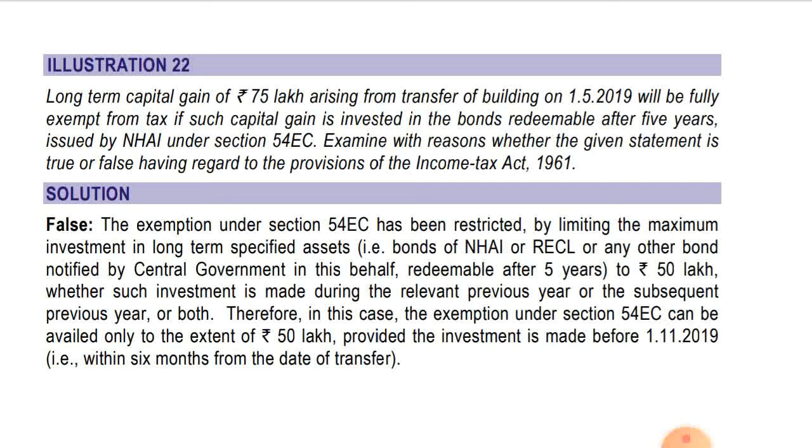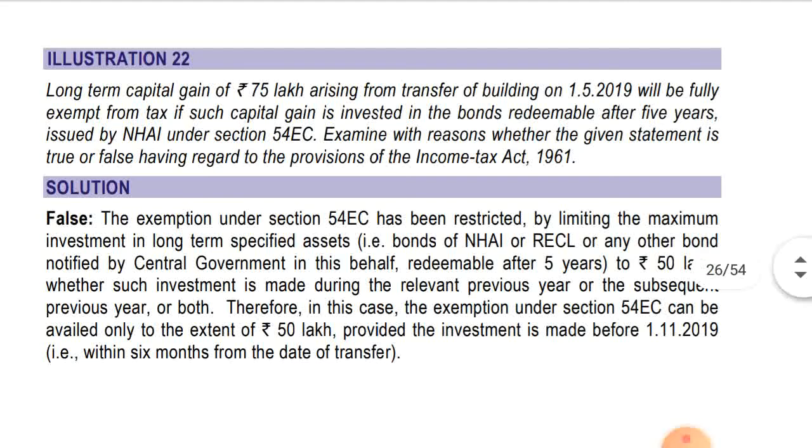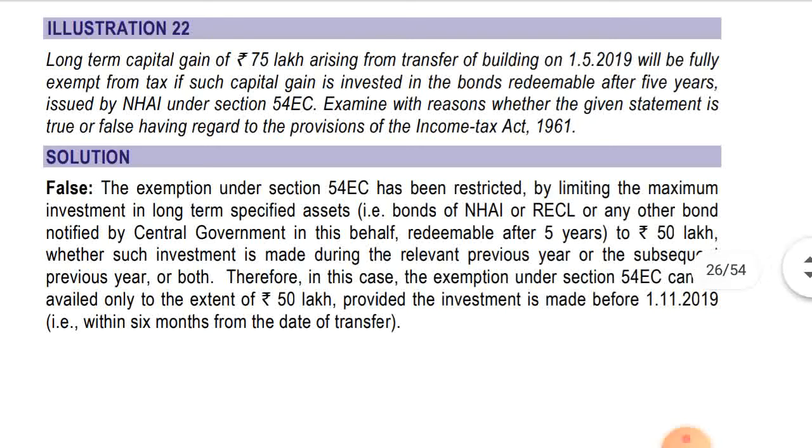Okay. Therefore, in this case, the exemption under section 54EC can be availed only to the extent of 50 lakhs, provided the investment is made before 1st November 2019, that is within 6 months from the date of transfer. We have to make investment within 6 months from the date of transfer, remember that. Then only exemption will be applicable. Okay.